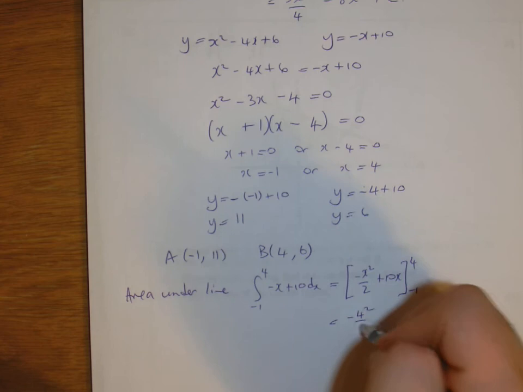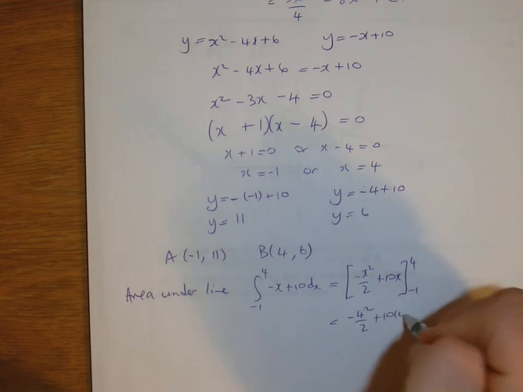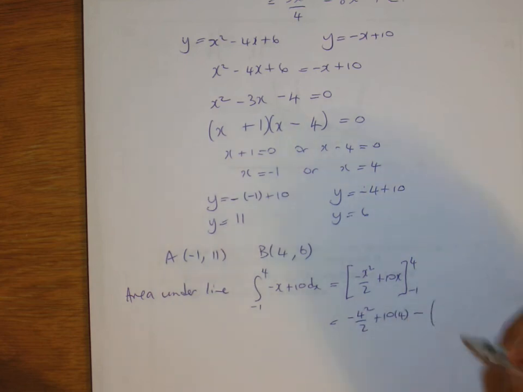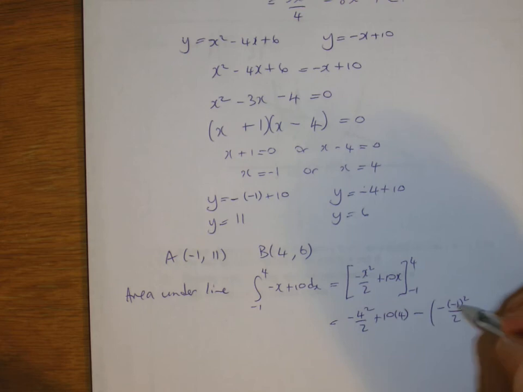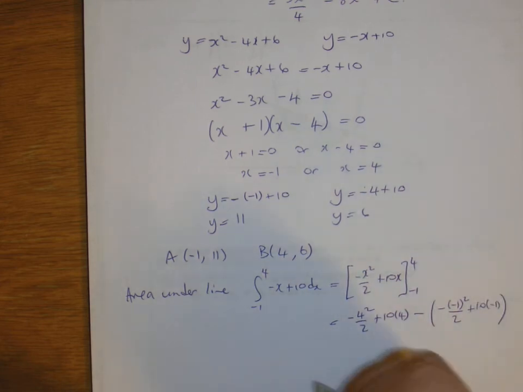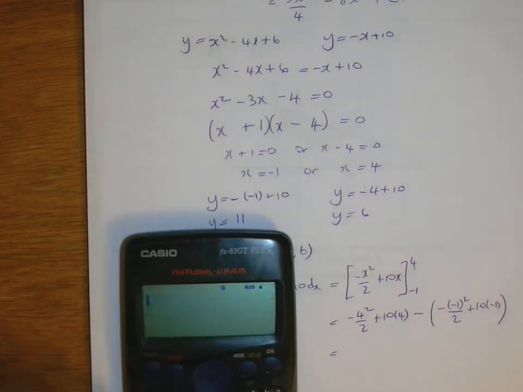minus 4 squared upon 2 plus 10 times 4. Take away then, in brackets, let's put minus 1 in, so be careful because it's minus 1: put the minus 1 in the bracket, plus 10 times minus 1. I'll get my calculator now to work that out. Minus 4 squared over 2 plus 10 times 4, which is 40.